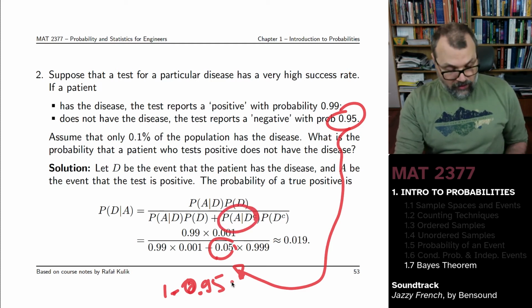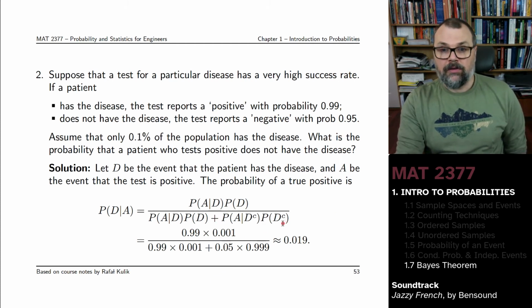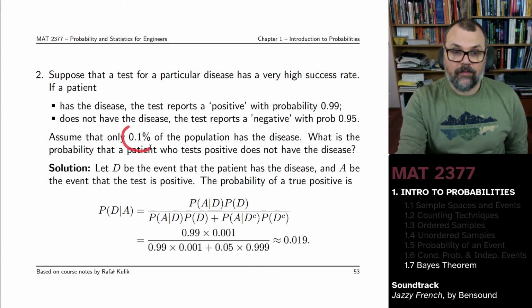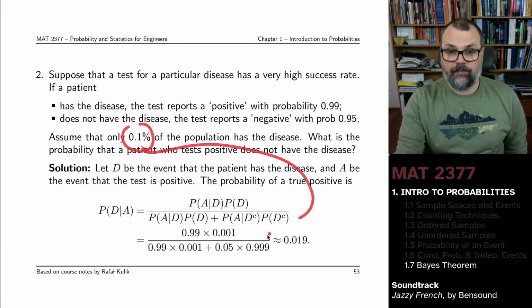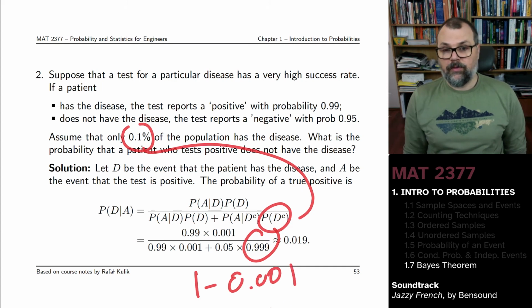And finally, we need to know the probability of not having the disease. Well, the probability of having the disease is 0.1%. So this number here, this.